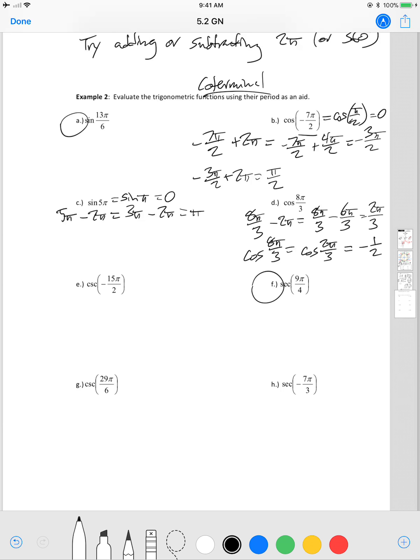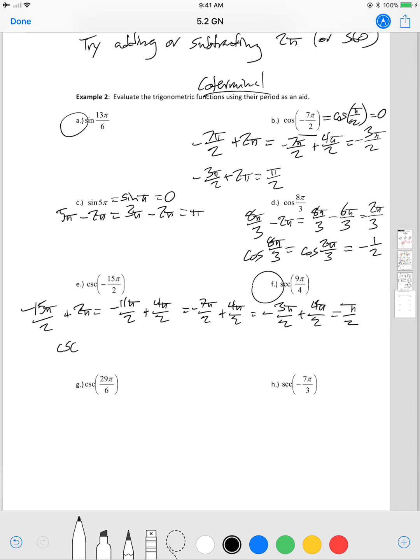Okay. Cosecant of negative 15 pi over 2. Add 2 pi, which is really 4 pi over 2. So I get negative 11 pi over 2. And that's still a negative number, so I can add 2 pi again if I want. In fact, I can add 2 pi as many times as I want until I get an angle that I'm comfortable with. Pi over 2.